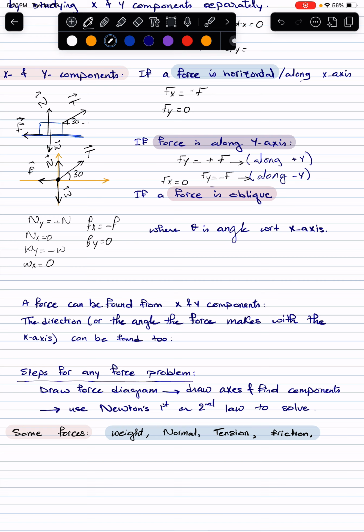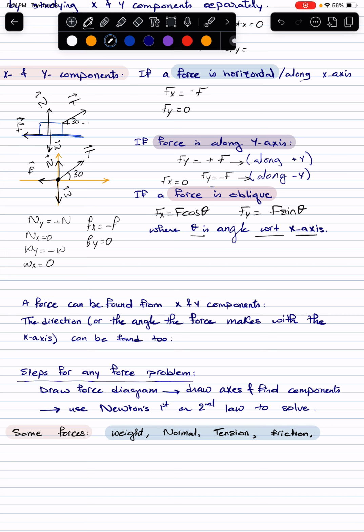And finally, I have the non-special force, or the oblique force, which is neither along the x nor along the y-axis. It's our tension force here, with which we are pulling the box across the table. If the force is oblique, I'm going to be using some formulas. I'll write fx to be f cosine theta and fy to be f sine theta, where theta is the angle with respect to the x-axis.